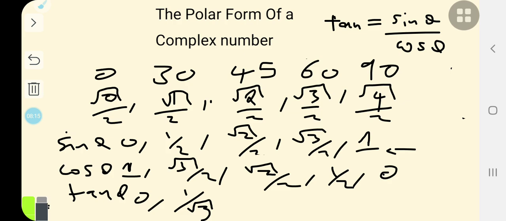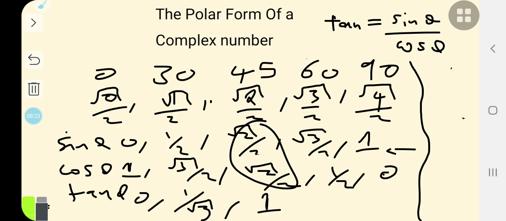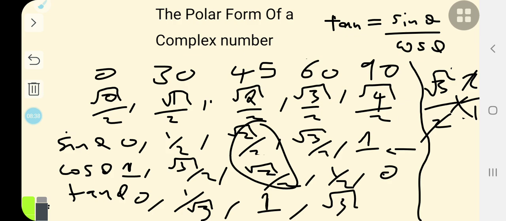So again, here it will just give us 1. When we divide here, it will just give us 1. What about here? We're having the root of 3 divided by 2. Then I'm dividing by half, that is 2 then half, so the 2 goes and I'm just going to have the root of 3.